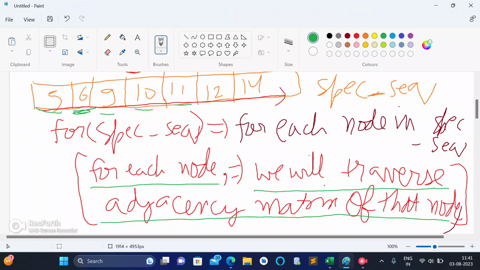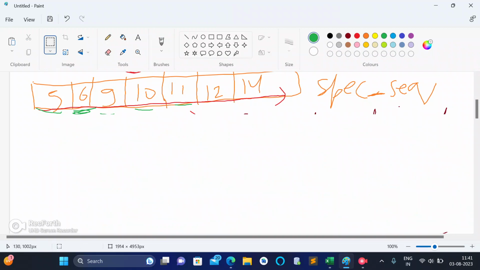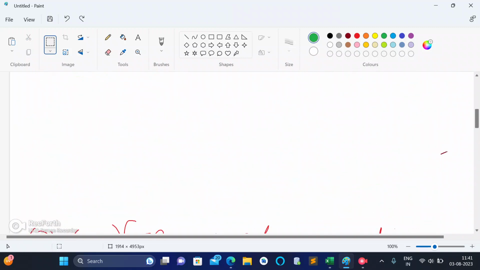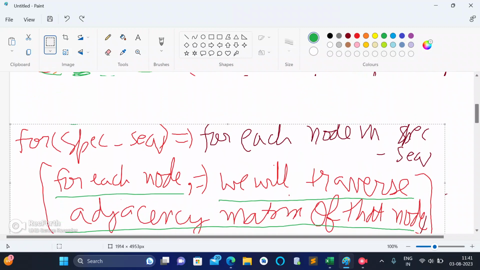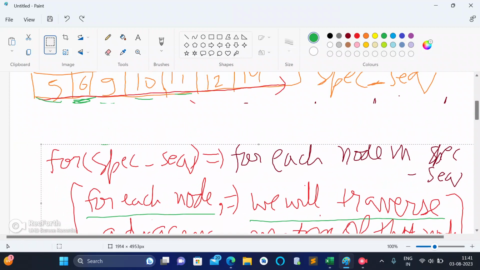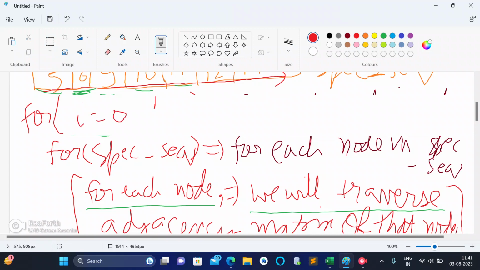Let me make it more clear. Before traversing the special sequences, we will first do for i equal to 0 to i equal to k.